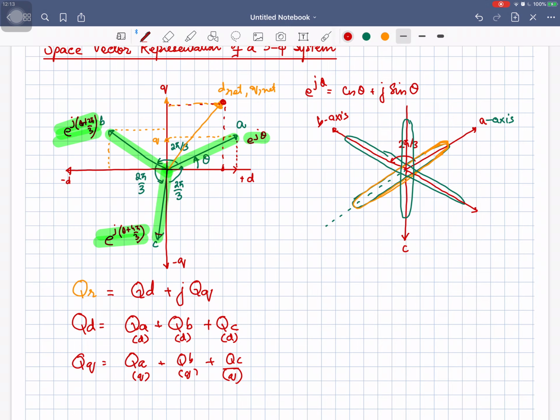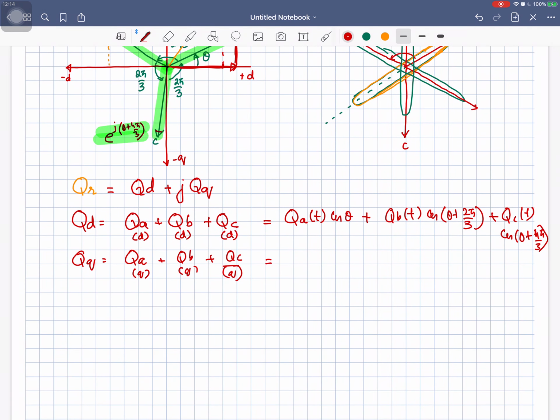So now let's calculate that one. At any instant of time, Q A will have a certain value, multiplied by cos of theta, and we are basically taking this projection, sorry, this is cos of theta, this part along the d axis. So Q A into cos of theta will give us the projection of phase A along the d axis, then Q B into cos of theta plus 2 pi by 3 will give us the projection of phase B along the d axis, and then Q C into cos of theta plus 4 pi by 3 will give us the projection of phase C along the d axis.